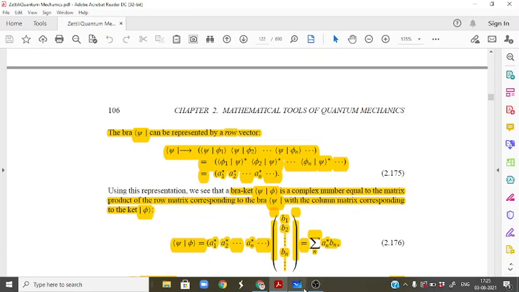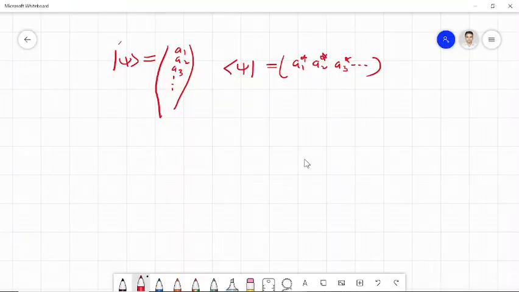What is the value of bracket psi phi? Bra psi is a row matrix a1 star, a2 star, a3 star and so on.